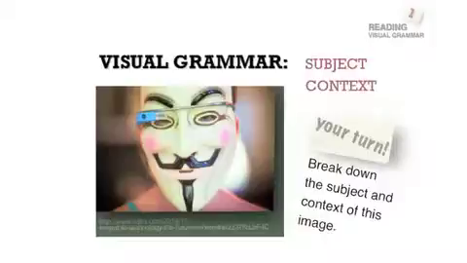So let's take subject and context and look at this one, which is interesting. The main subject, is it a person? Is the main subject a person, or is the main subject the person in the mask? The contrast between the male mask and the obvious female figure that's wearing it is also an interesting juxtaposition to show that this person is possibly putting on a false front, or you'd have to know something about the Guy Fawkes stuff, which is part of the context, as well as the Google glasses.